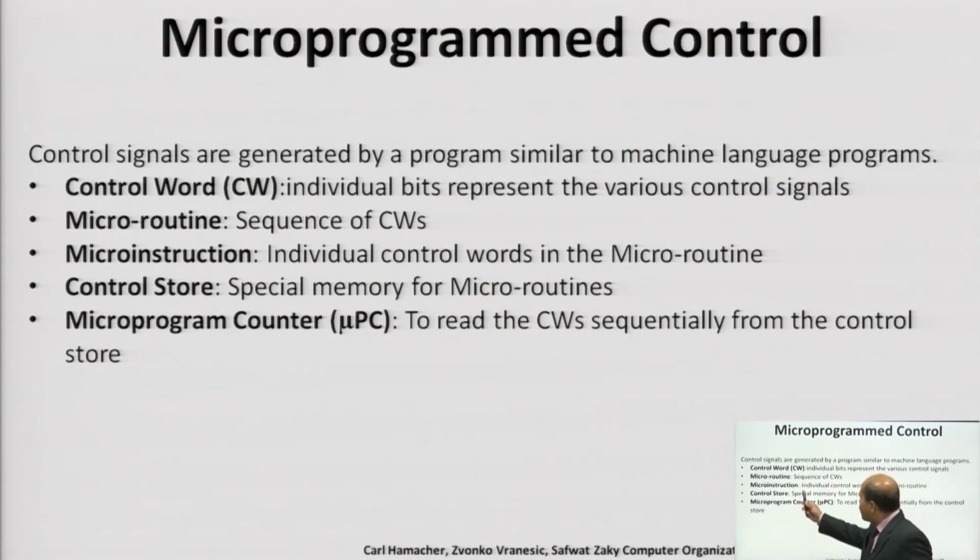Next is the micro instruction: an individual control word in a microroutine is called a micro instruction. The control store is a special type of memory where various microroutines or different micro instructions are stored. And the microprogram counter, similar to the program counter, is specially used for microprogrammed control.